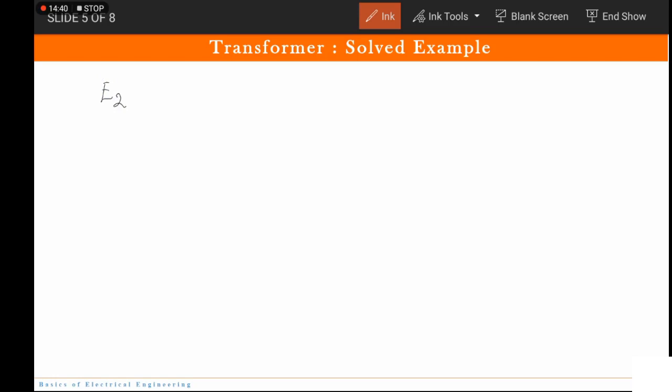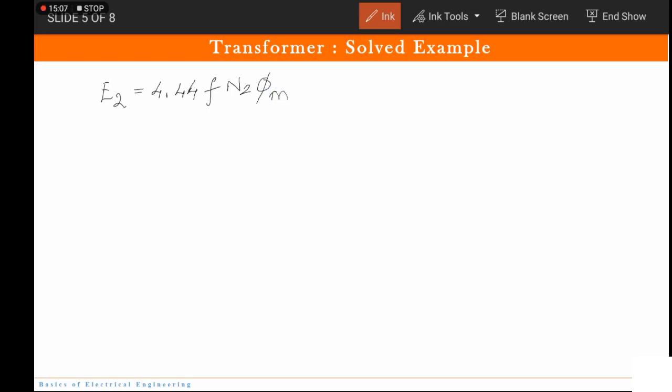E2 was given as 4.44 into F into N2 into phi m. Now this was the equation.